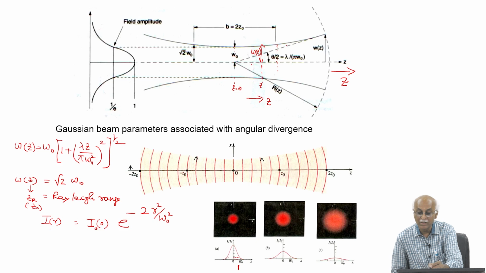That means the area, pi r square, of this Gaussian circular beam becomes double the beam waist area. And double the Rayleigh range is known as the confocal parameter.